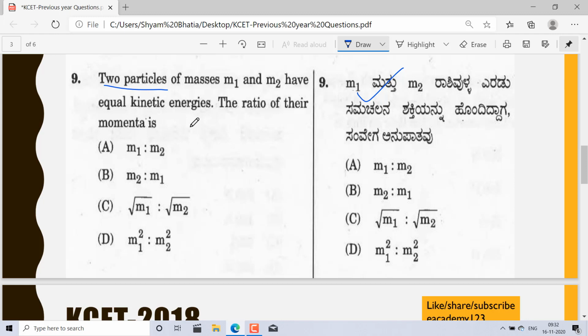So, kinetic energy. Let us represent the kinetic energy as E1. E1 equals 1 by 2 m1 v1 square.